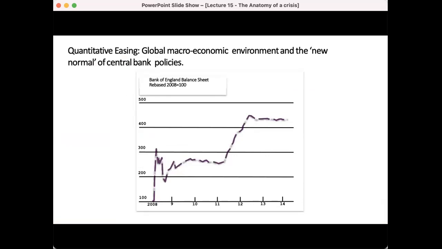Then there's a lull before the storm, and then quantitative easing kicks in late 2008, early 2009, and has carried on pretty much consistently since then, and has been dramatically increased as a consequence of COVID, to the extent that quantitative easing could be said to comprise the new normal of central bank policies.